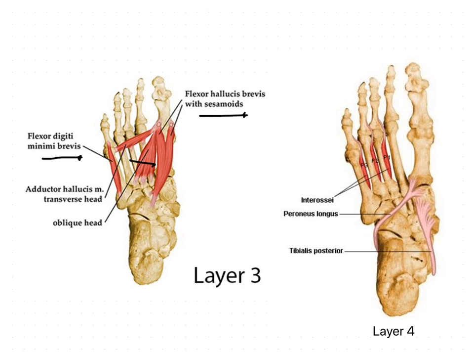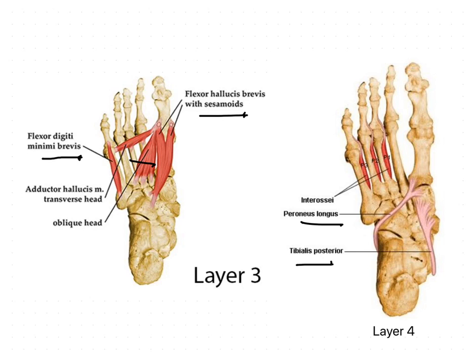Now coming to the fourth layer, this layer mainly includes the dorsal interossei as well as the plantar interossei. So here we can find these two muscle groups, and two tendons also: the peroneus longus tendon and the tibialis posterior tendon.